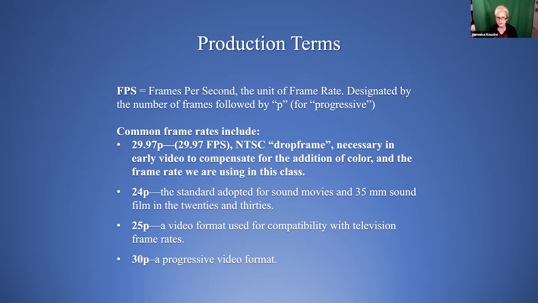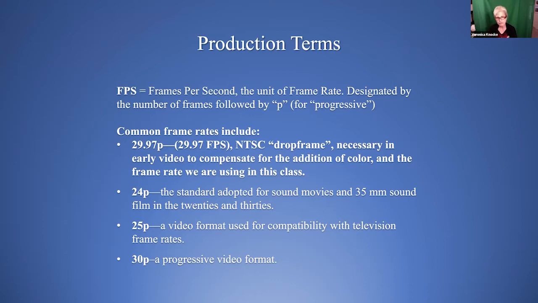It's necessary in early video to compensate for the addition of color by dropping off part of one of those pieces of information. So that's why it's 29.97. And that compensates for the addition of color. The frame rate we're using in this class is 29.97.